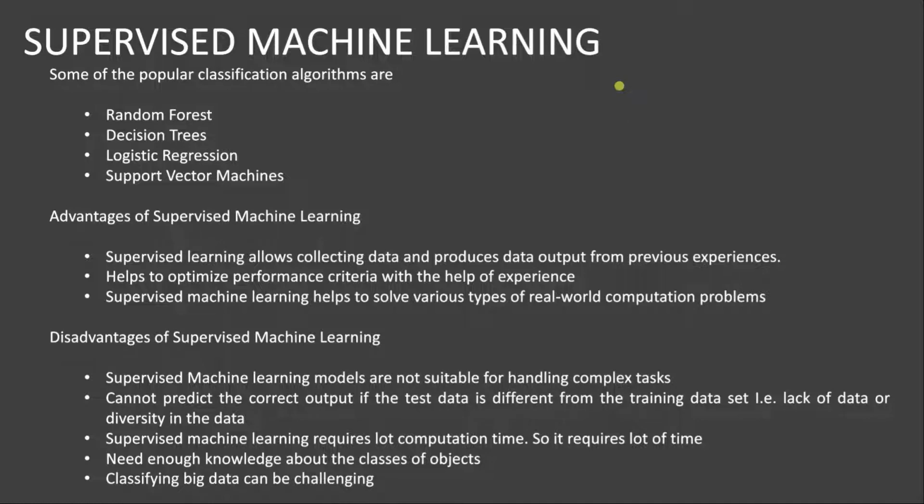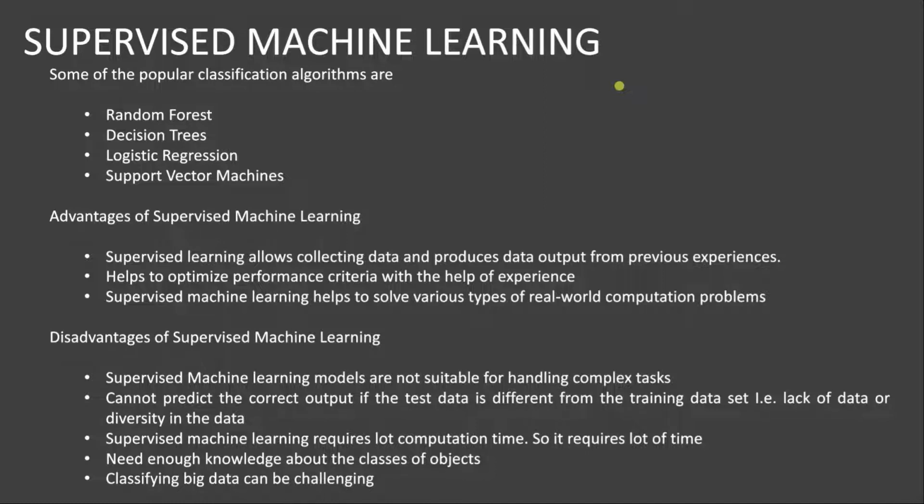When it comes to the disadvantages of supervised machine learning models, these models are not suitable for handling complex tasks, and they cannot predict the correct output if the test data is different from the training dataset. Even a lack of data or a lack of diversity in the dataset leads to incorrect output.